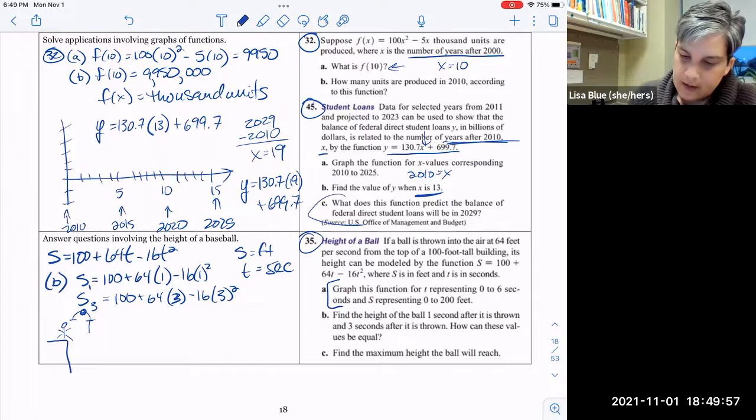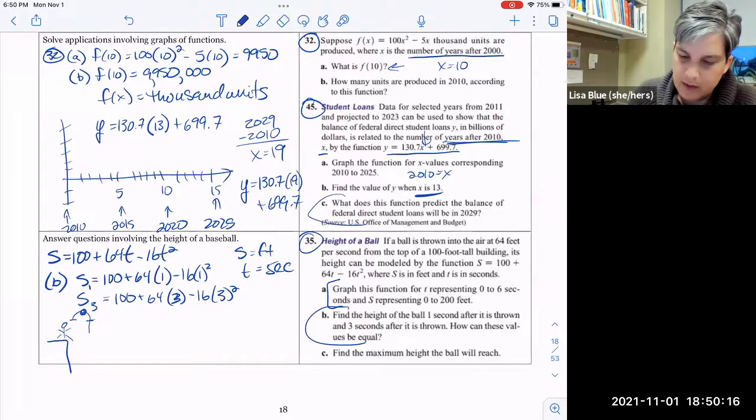All right, and then find the maximum height the ball will reach. Okay, so the height, S is in feet. Let's see, we would want to find the 0 of that. So we know it's going to be somewhere between 1 and 3 seconds.